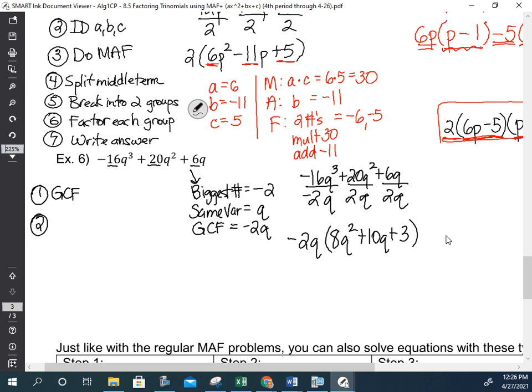Step 2. Identify A, B, and C. A is 8, B is 10, C is 3. Now we do MAF.